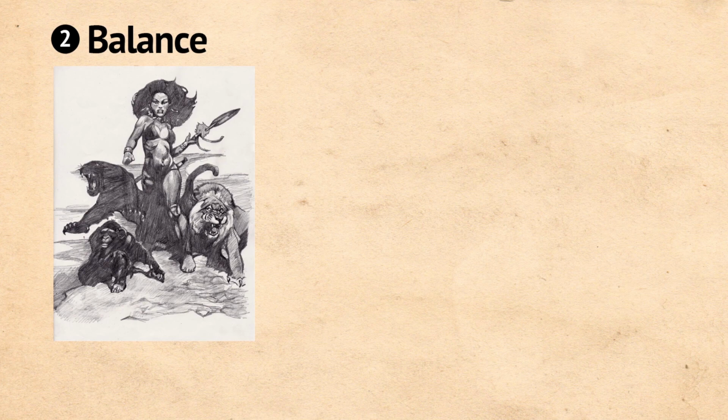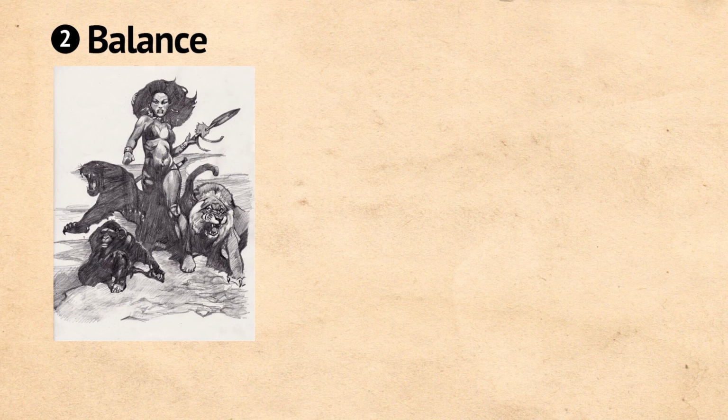In this example of a Frank Frazetta drawing, you can see that the composition itself is not symmetrical. To the left side of the female warrior, there is one single tiger, and to her right, we see a black panther and a chimpanzee. So in terms of composition, it is actually not symmetrical.